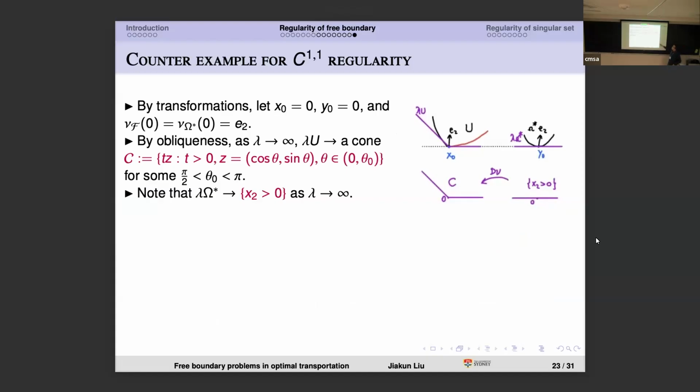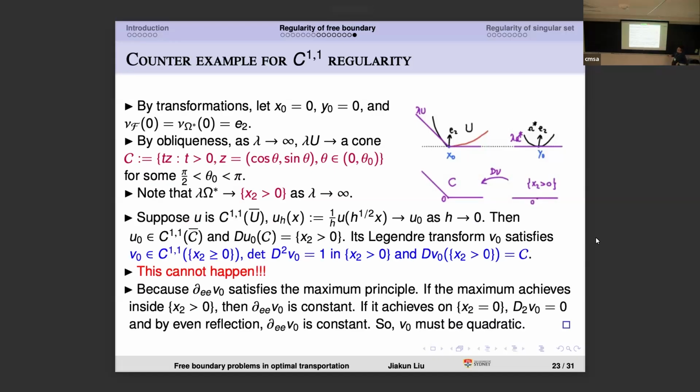So the tangent cone of the domain has an angle. That angle is bigger than pi/2 and smaller than pi. Okay, you have a tangent cone that looks like this, and the tangent cone of omega star is exactly the half space, because we're assuming here everything is C^2 and uniformly convex. So after blowing up it becomes a half space.